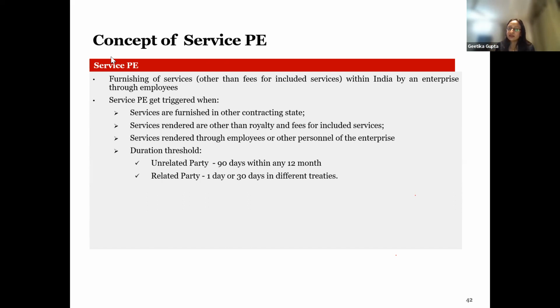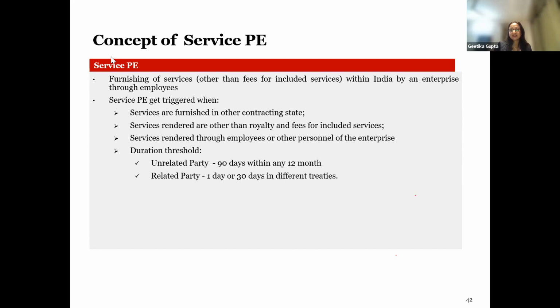Then again, the foreign company will have to file a return, because the law provides an exemption to a non-resident from filing the return in case of FTS only when the tax has been deducted under the domestic tax law provisions, which is 10.4% and not 10%. One may choose not to file a return, but technically it may be better to file the return in such cases, at least when it is FTS and the tax is not deducted under the domestic provisions, or the person wants to claim the refund of the withholding tax deducted.